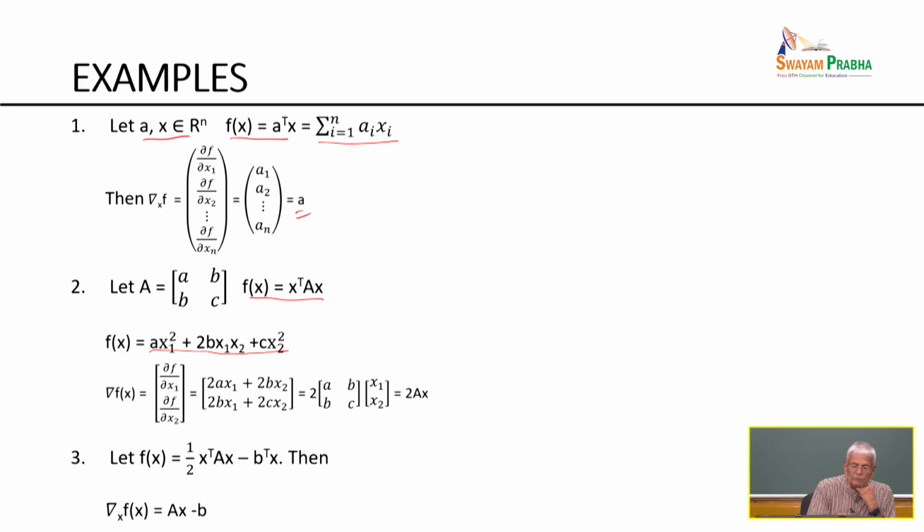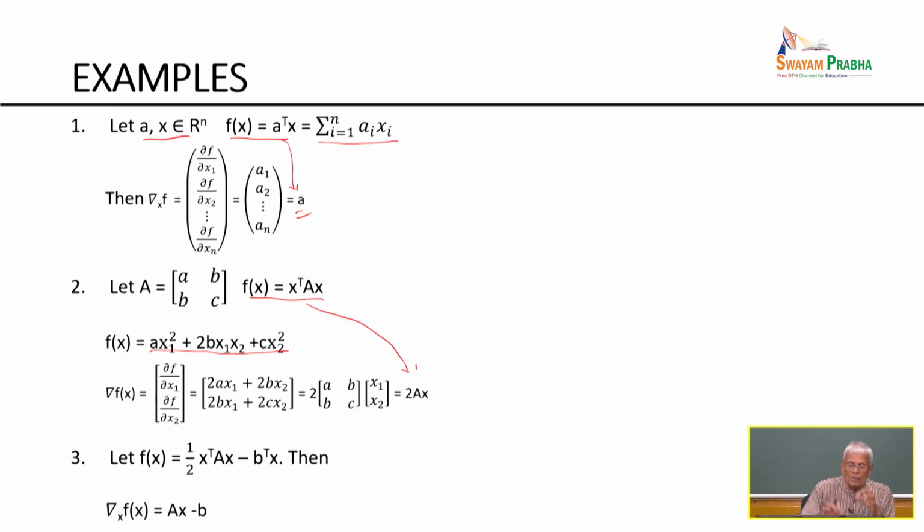Now, if I compute the partial derivative with respect to x1, that is equal to 2a x1 plus 2b x2. The partial derivative with respect to x2 is 2b x1 plus 2c x2. This can be rewritten beautifully as 2 times the matrix a, b, b, c times x1, x2, that is 2Ax. That means if f of x is equal to x transpose A x, its gradient is 2Ax. If f of x is equal to a transpose x, its gradient is a.